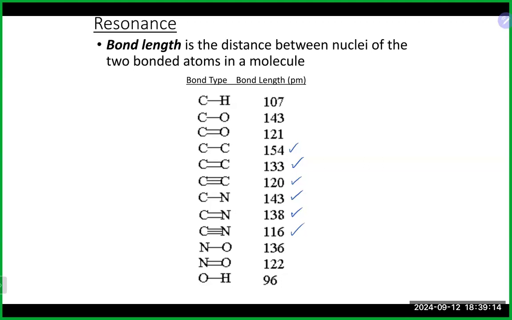If we look just at our carbon-carbon single bond, it's 154. The carbon-carbon double bond is 133, and it is 120 for a triple bond. The carbon-nitrogen single bond is 143, double bond carbon-nitrogen 138, and triple bond carbon-nitrogen 116.